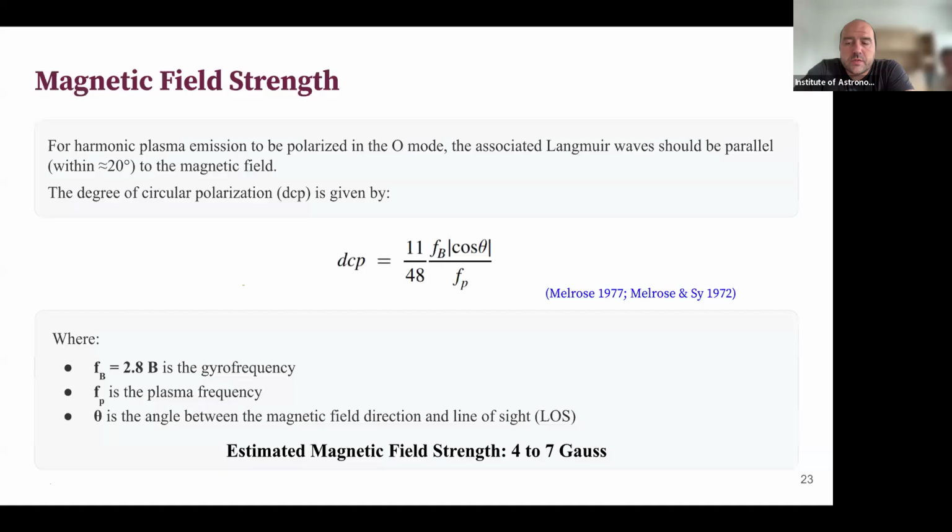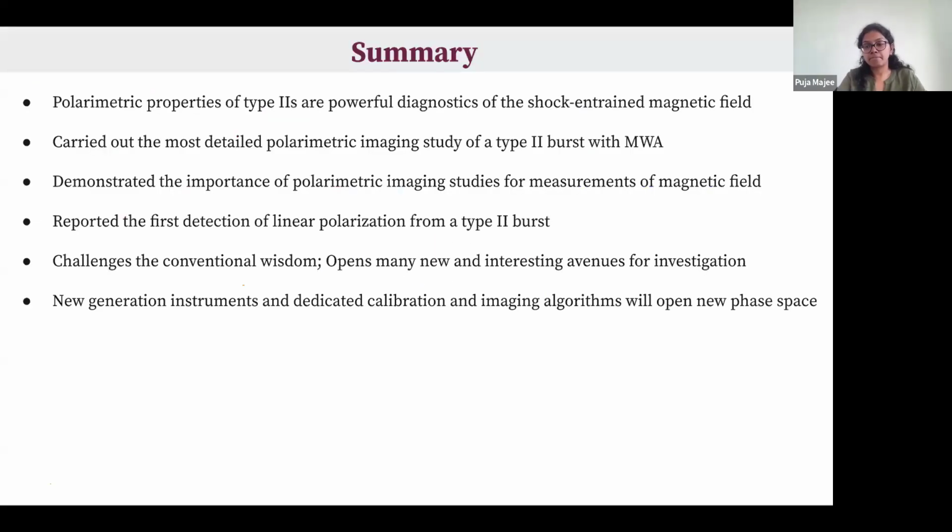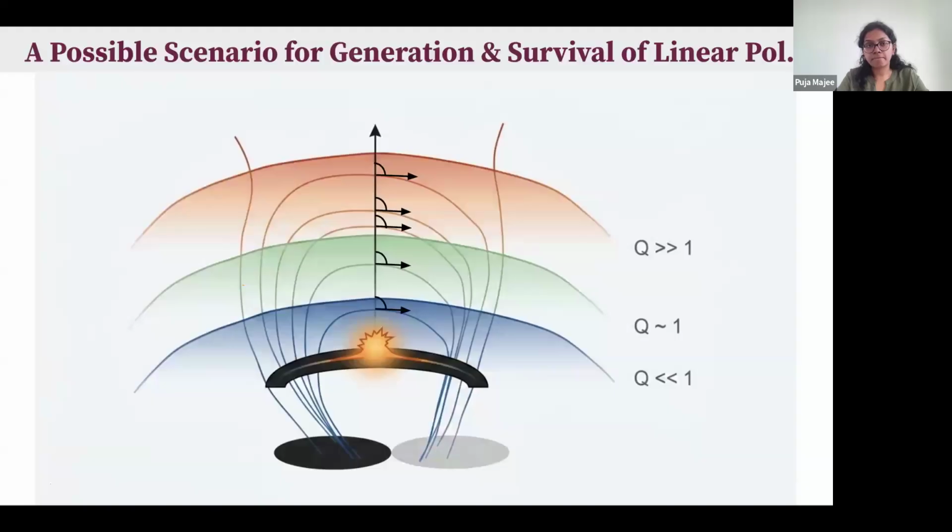Yeah, maybe we can go to slide 17 so I can explain the second question. Okay. If you want linear polarization to survive, the Q parameter must be much bigger than one, right? And that would happen higher up in the corona.